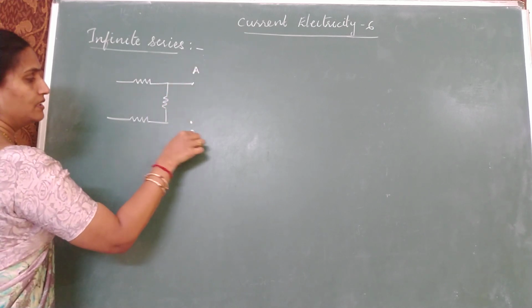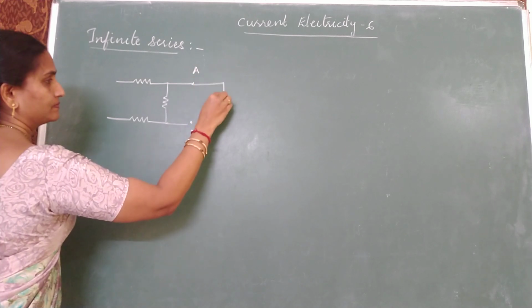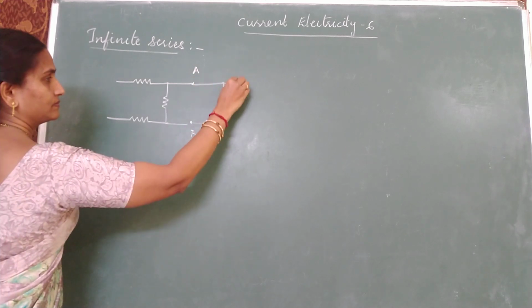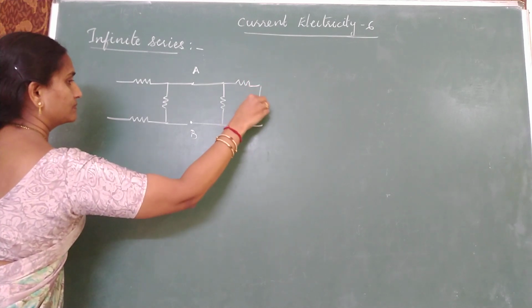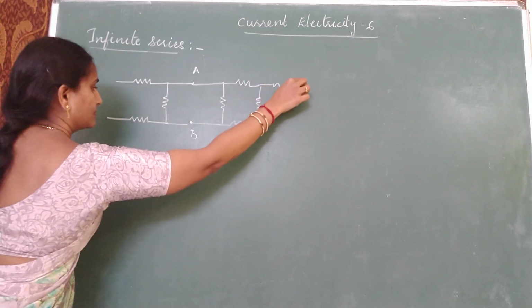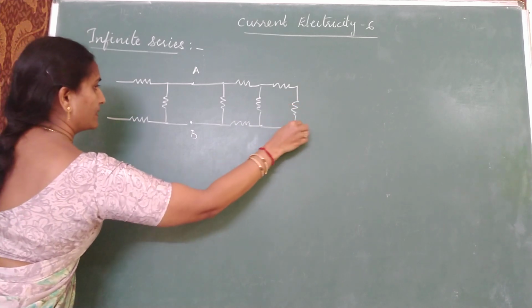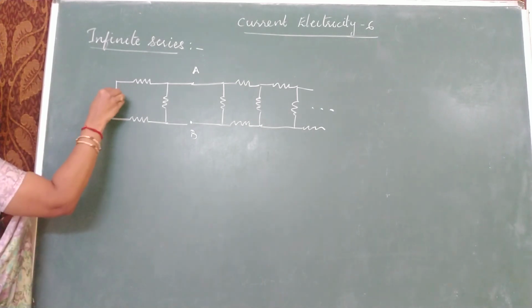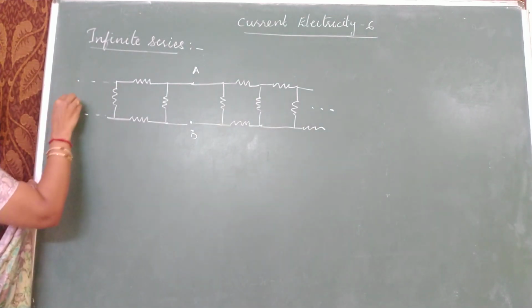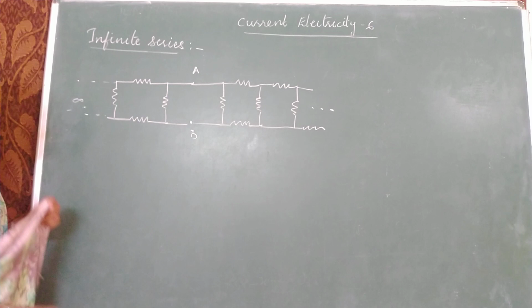Okay, this is A and B. This is tending to infinity. Here also we have infinite branches.